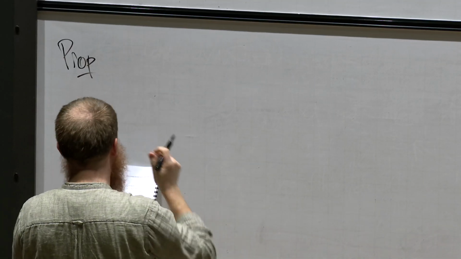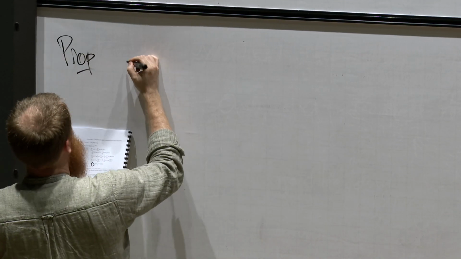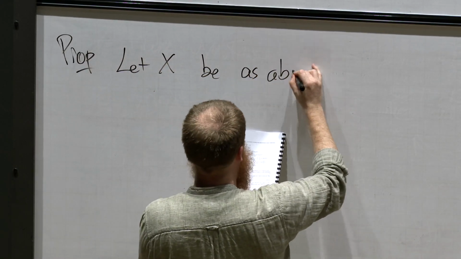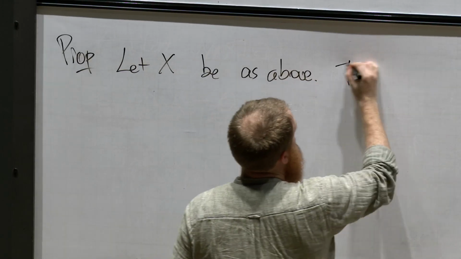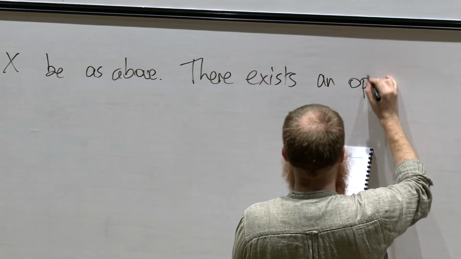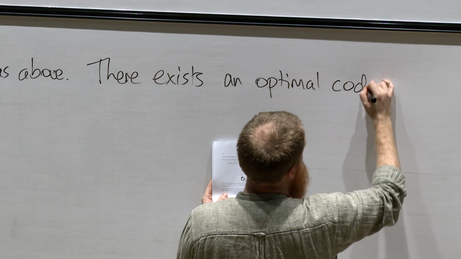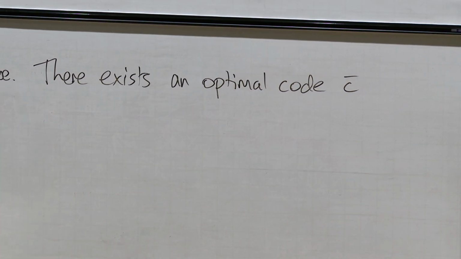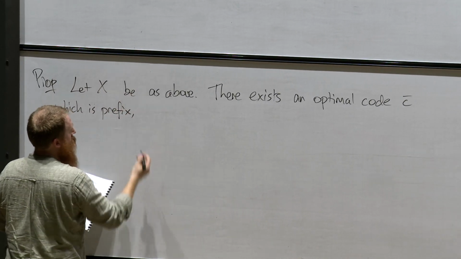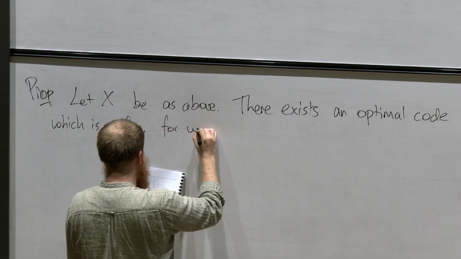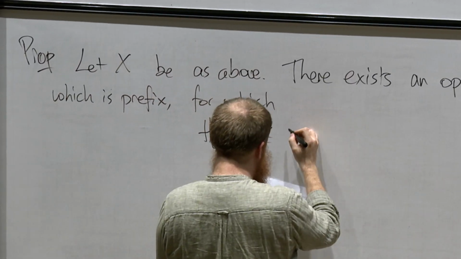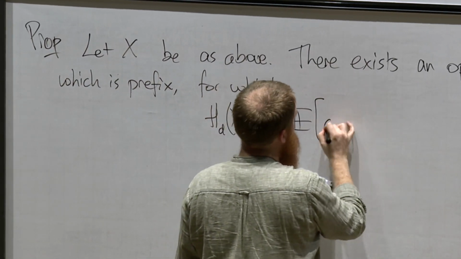Okay, let's extend this a little bit. Let's get an upper bound. So let x be as above. There exists an optimal code, which I'll denote C bar, which is prefix, for which the entropy is less than or equal to the expected code word length.